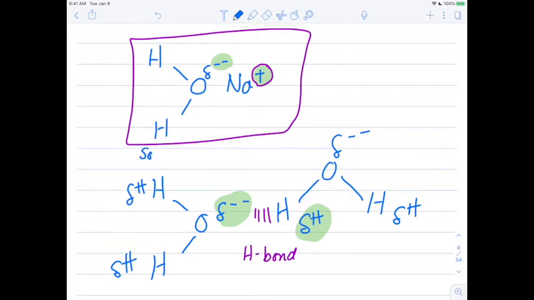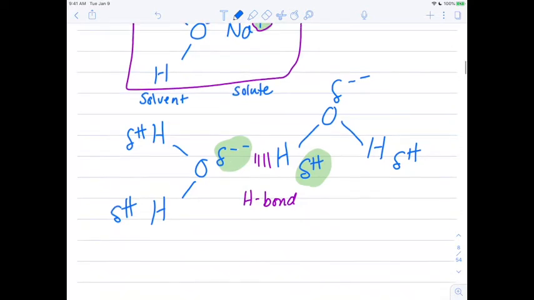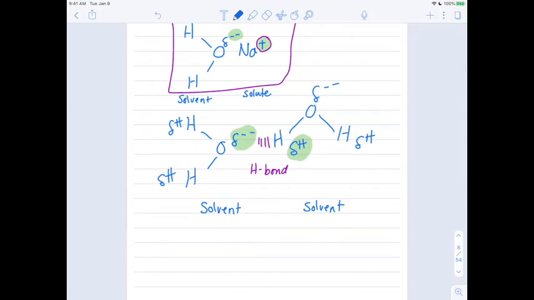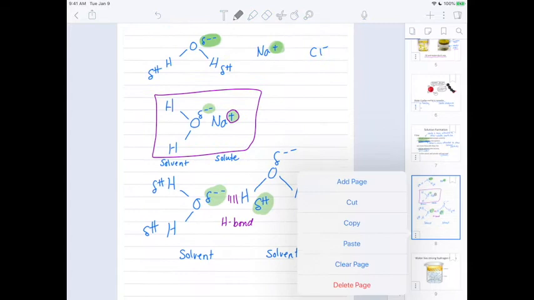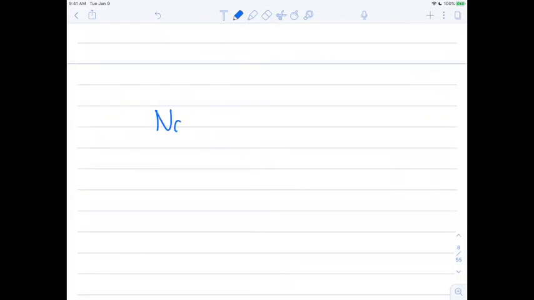This is our solvent, and this is our solute. In terms of water, the solvent-solute interaction is more favorable than a solvent-solvent interaction. But I think what you're then asking is, what about the NaCl? Does the solute-solute interaction have to be less favorable than the solvent-solute interaction?